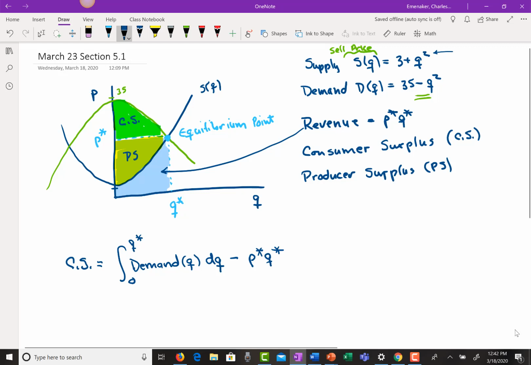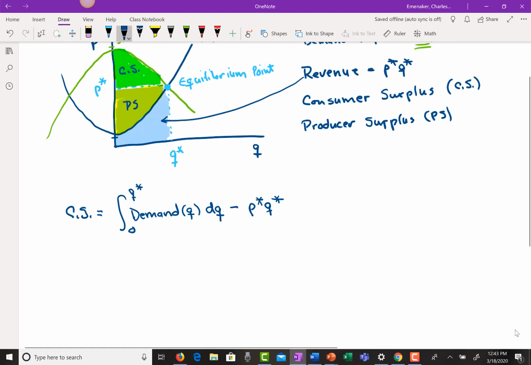And if you take that entire area underneath the demand curve, subtract off the revenue, what you're left with is the green shaded area.